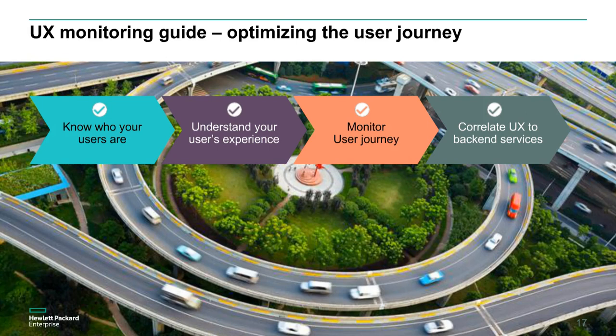The next step is about the user journey. It's not only about the user that's using your application. What you want to understand is how exactly users consume the data on your application, how exactly they consume the actions on your application.